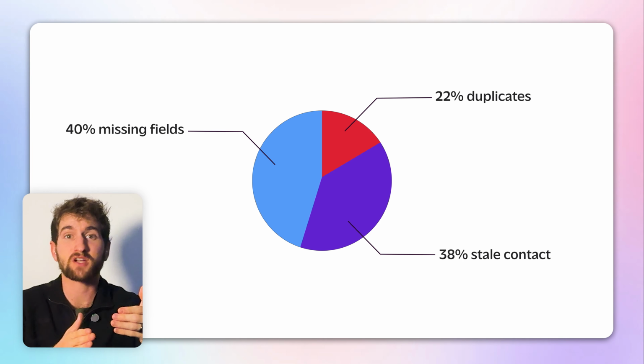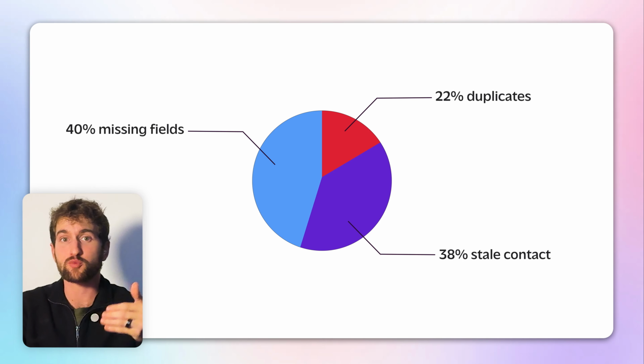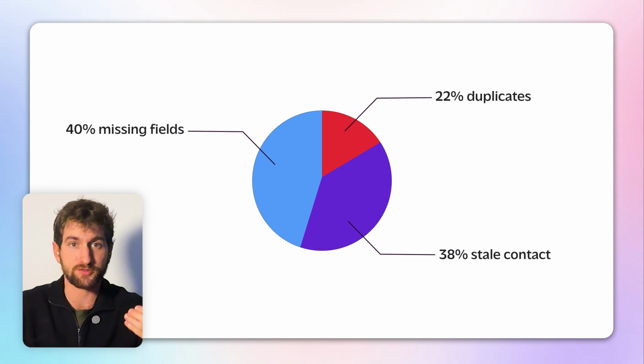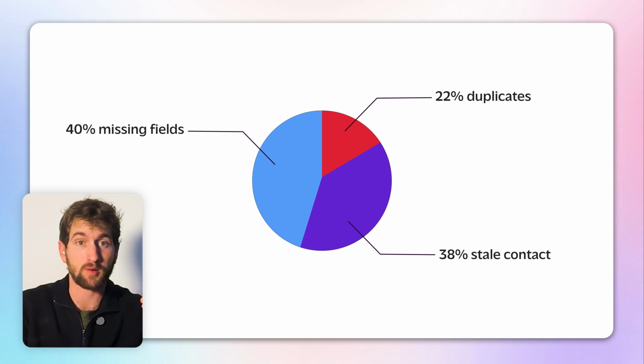So when we run decay scans across anonymized B2B databases and CRMs, the same pattern usually shows up pretty consistently. It's common to see that inside of most B2B companies, if you have B2B records, 38% of the contact data is stale, 22% are duplicates, 40% are missing critical fields for personalization, routing, for actually finding the right person. It's lots of small compounding percentages that ultimately add up and cost you massively.